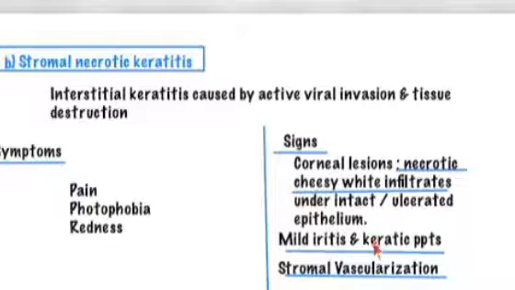Then the main feature of stromal necrotic keratitis is stromal vascularization. You know, in an inflammation there is angiogenesis. Just like that, in the stroma there is vascularization, and it takes time to heal. It takes time to be normal. So the main feature of stromal necrotic keratitis is stromal vascularization.